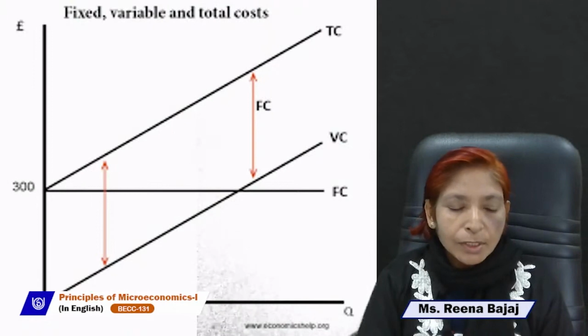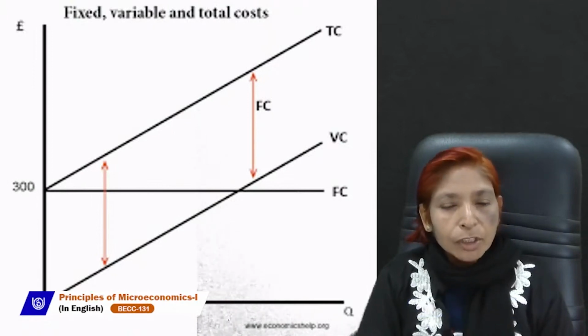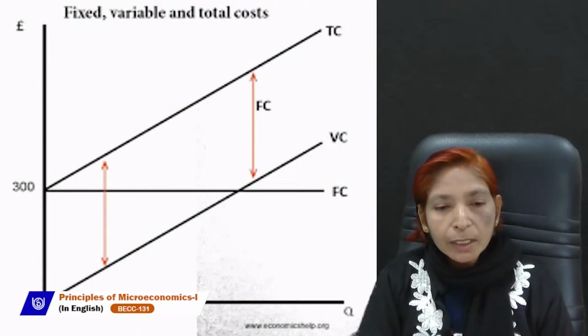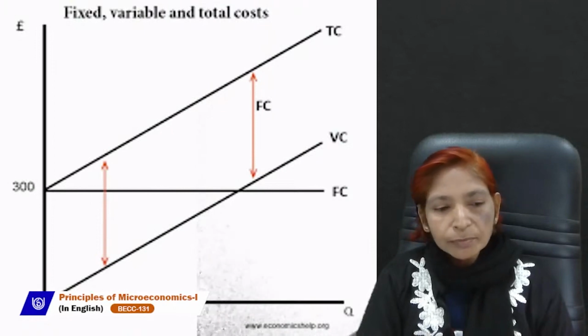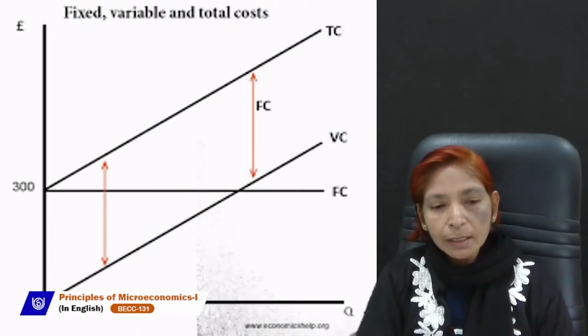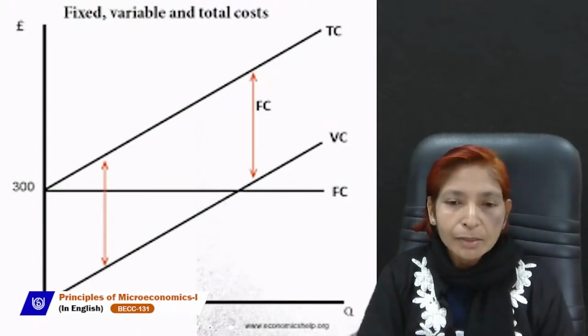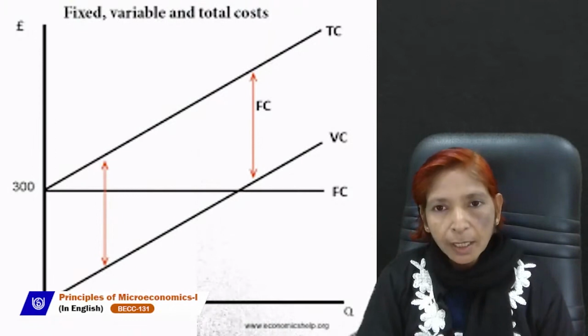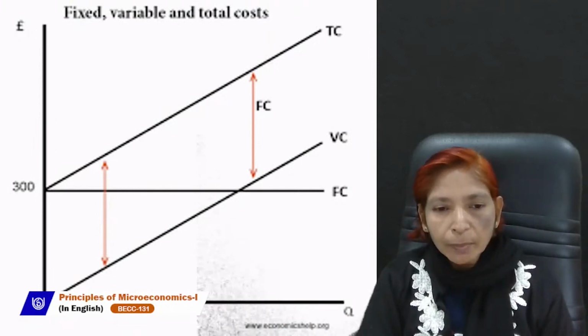Variable cost always starts from the origin and is an upward sloping cost curve, which shows that as you want to increase the output level, you must use more inputs. So the variable cost curve is always upward sloping, which shows that as we increase the output level, input also increases and cost will also increase. And total cost is the summation of total fixed cost and total variable cost.